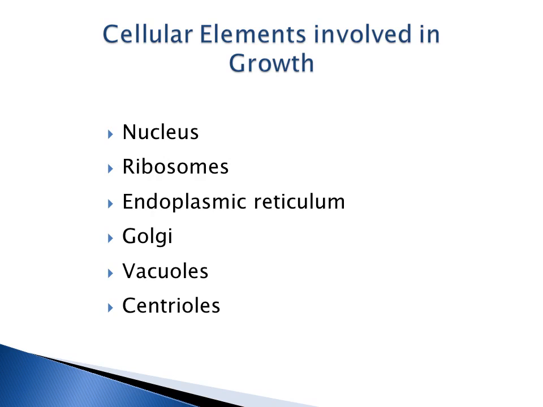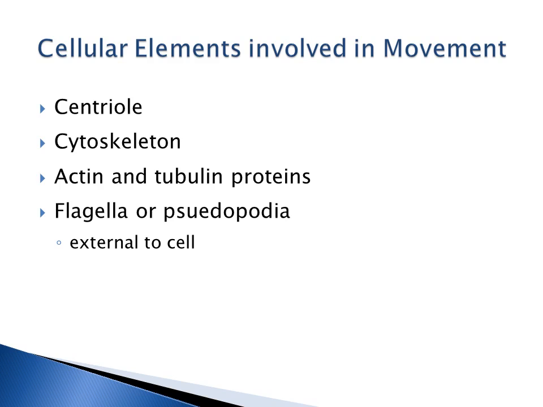So the elements of a cell that are involved in growth would be the nucleus, the ribosomes, the endoplasmic reticulum or ER, Golgi, vacuoles, and centrioles. The elements that are involved in movement of the cell are the centriole, cytoskeleton, actin and tubulin proteins, and flagella or pseudopodia, which are external elements outside the cell.